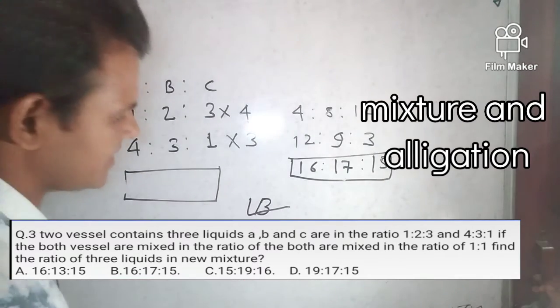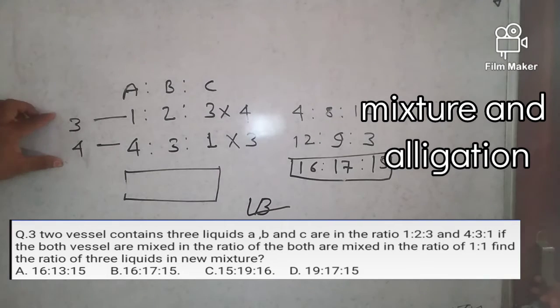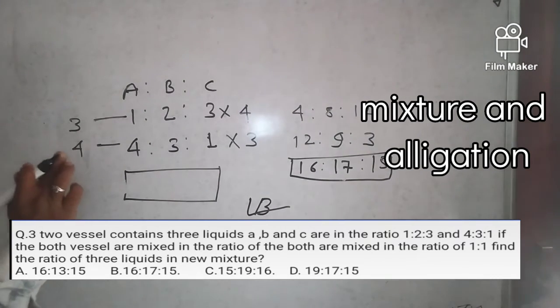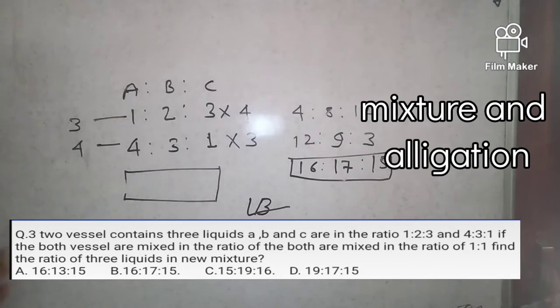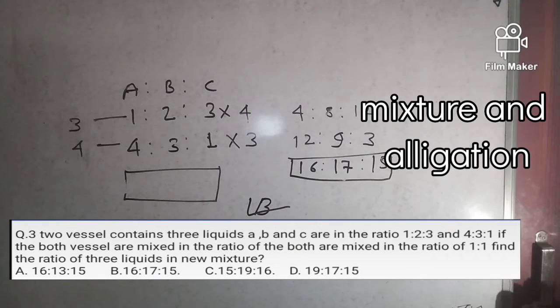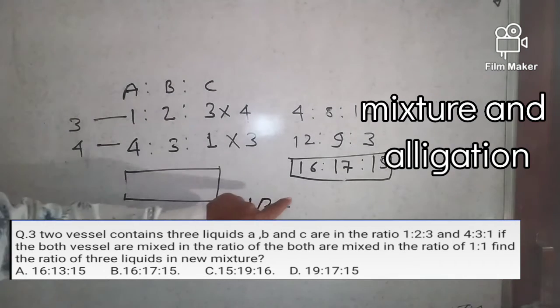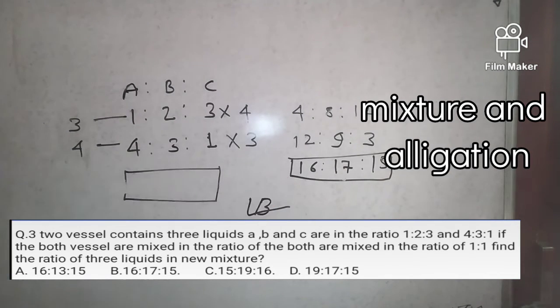Friends, if these are not the same, then multiply below with upper and upper to below, right? After adding them, it is the new mixture of the third vessel.